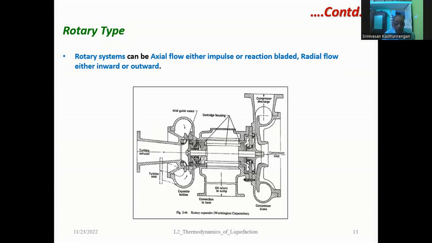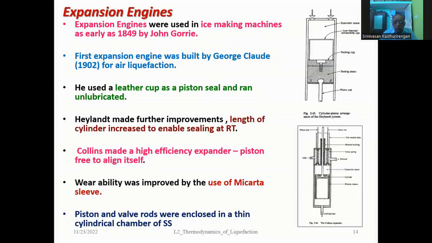Next. Now, there are other expansion engines which have been built in earlier times. For example, for ice making machines, as early as 1849 by John Gorrie, he also used an expansion engine. The very first expansion engine was built by George Claude in 1902 for air liquefaction.